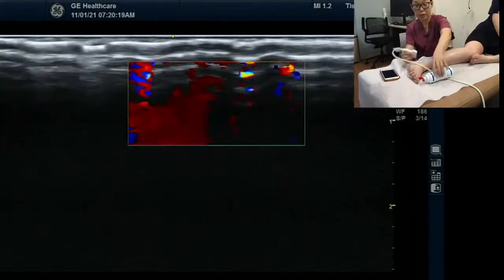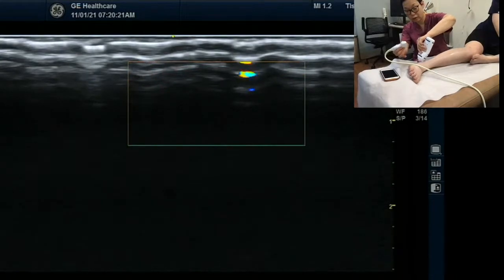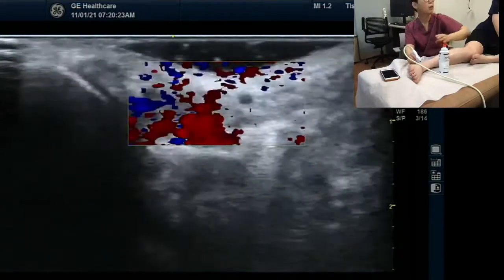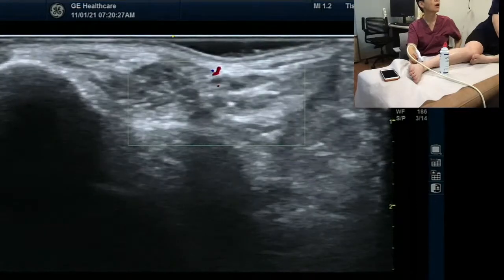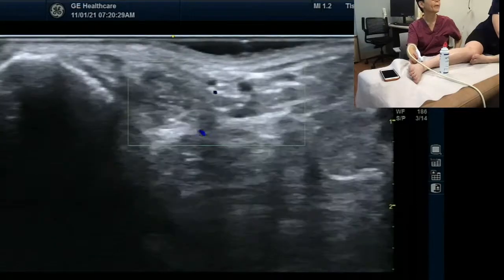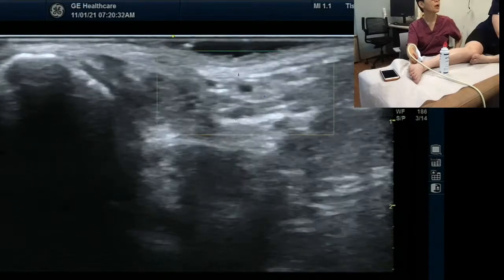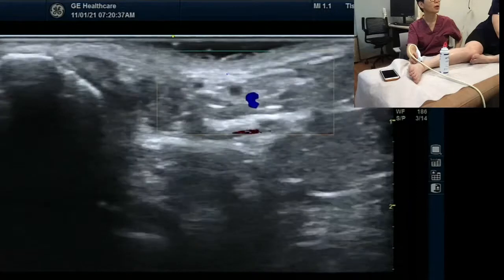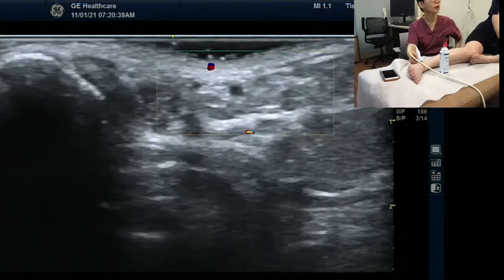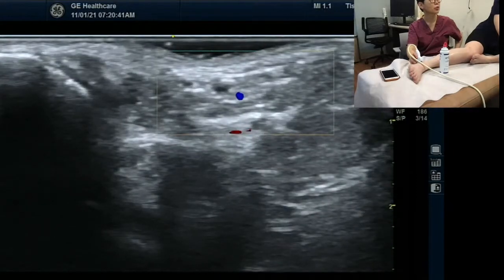Well, we have less gel, maybe that's why. See, it's better now. Sometimes I want to make the box go here. It's coming into that area. And then can you change that one, just to remove the color flow?